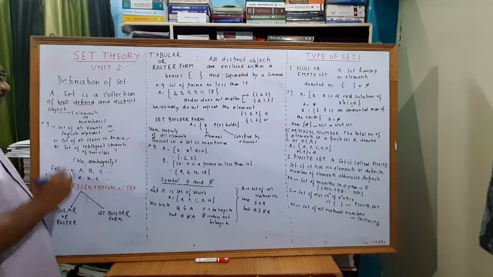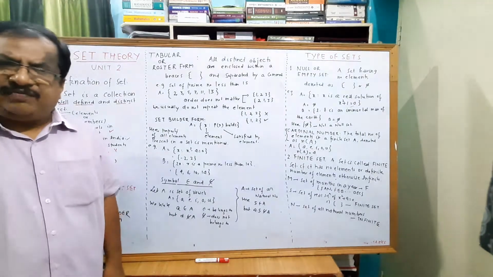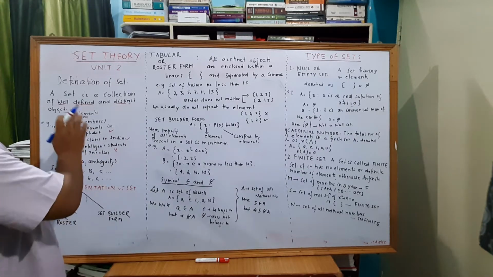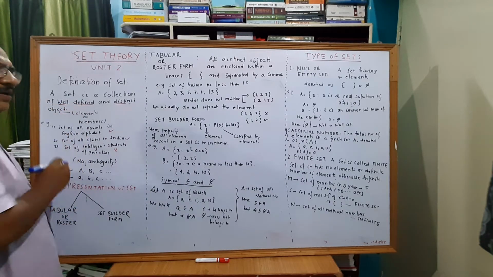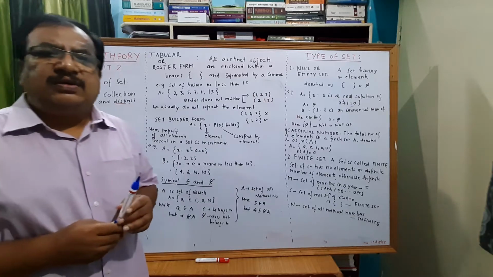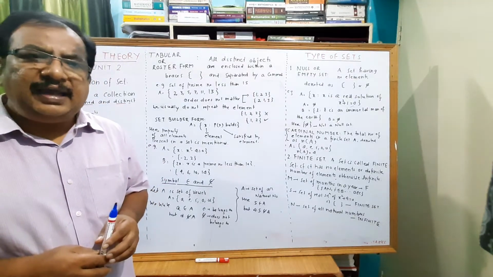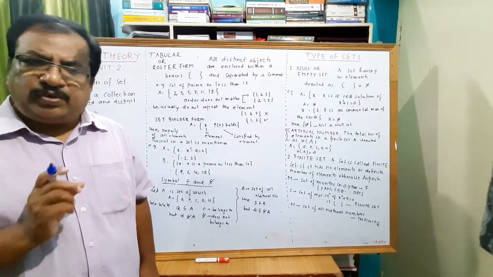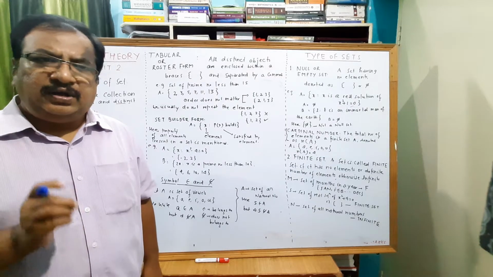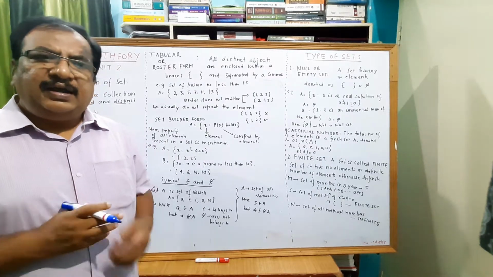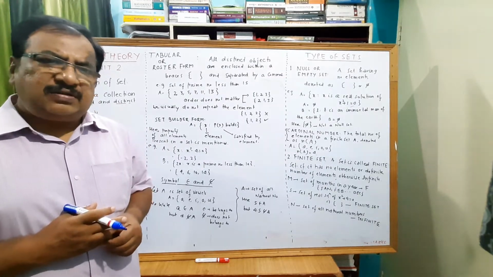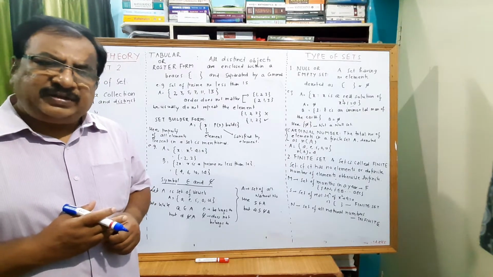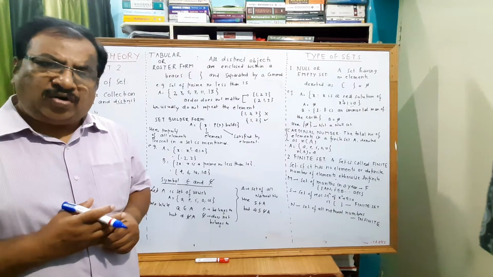That is, the set of all vowels in the English alphabet. Well defined means there should not be any ambiguity in giving the answer. Suppose X lies in set A. Then we can definitely say whether X lies in set A or not.